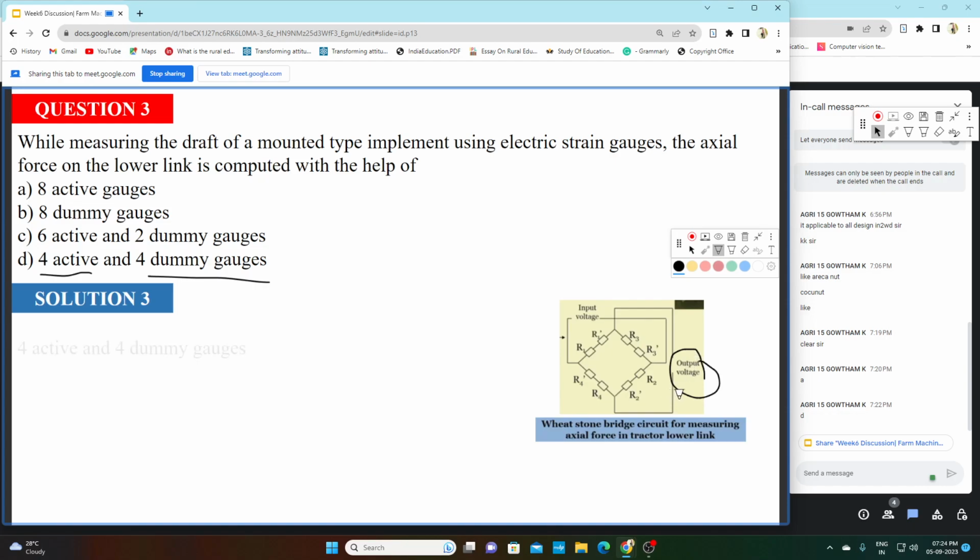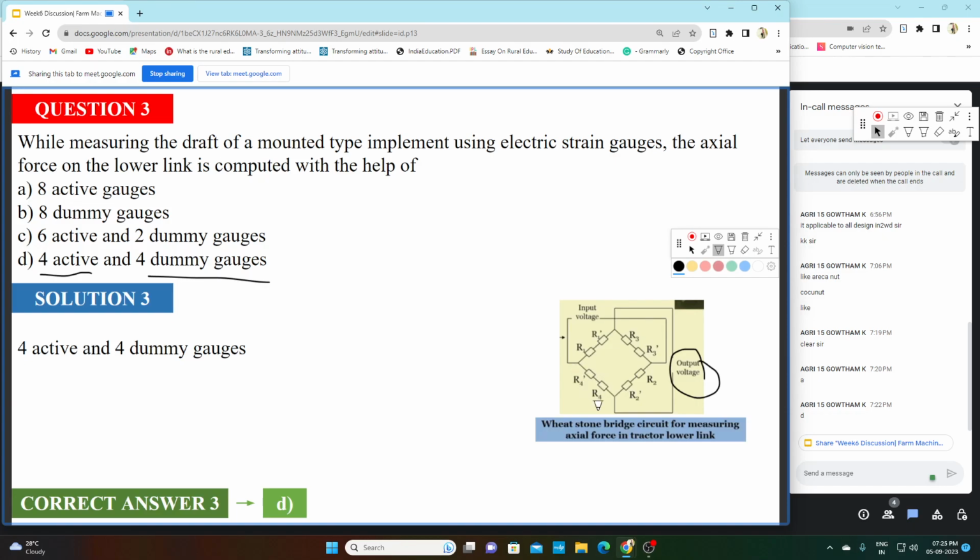So this is the concept. With four active gauges, we also use 4 dummy gauges, one dummy gauge for each active gauge. Why? Because in case of vibration or any other error, one strain gauge can give some other measurement.